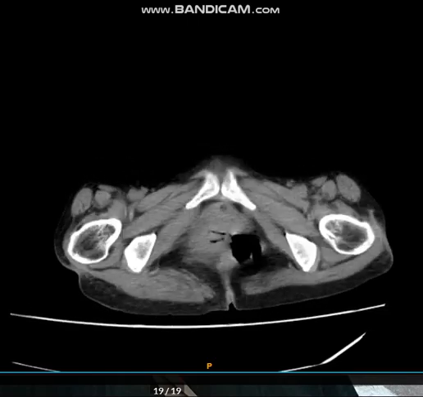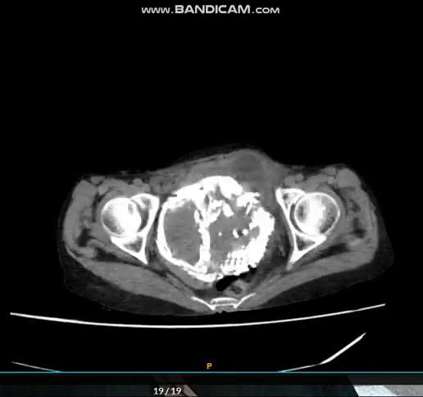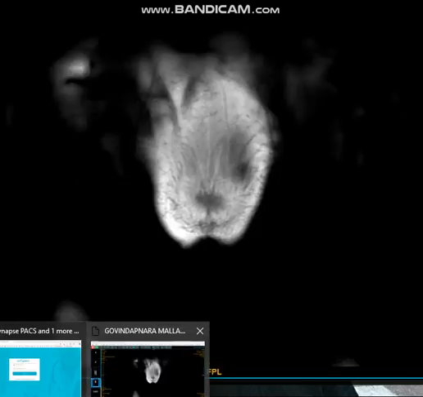calcified wall around it. Now the question is whether it is an intrauterine or an extrauterine dead fetus with calcification, and for that we go for an MR imaging.